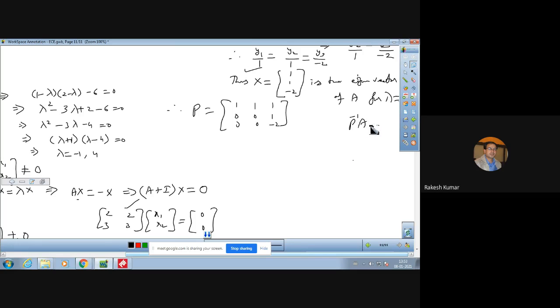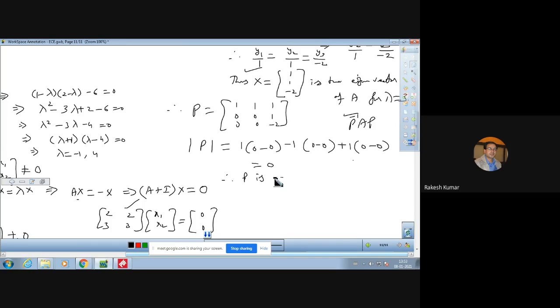We have to use this formula. For finding P inverse, we should be able to know the value of the determinant of P. And clearly the determinant of P is 1 into 0 minus 0, minus 1 into 0 minus 0, and plus 1 into 0 minus 0, so the determinant of P comes out to be 0.